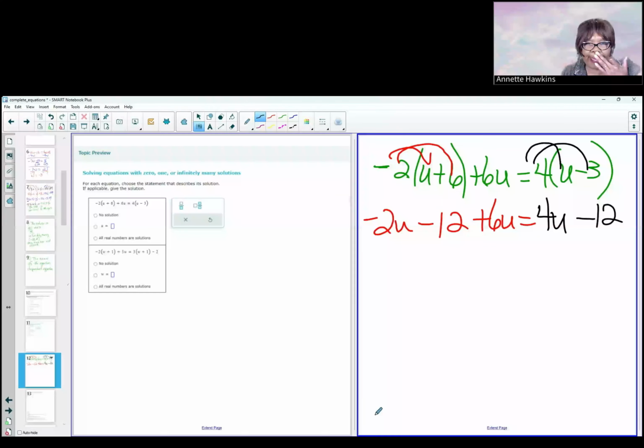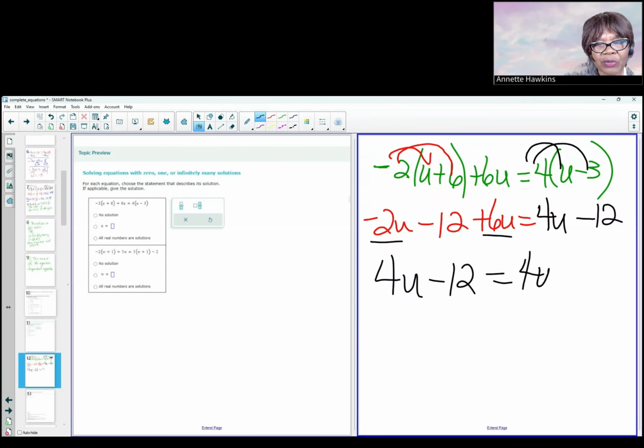Everybody okay with that? All right, so these can be combined. 4u minus 12, 4u minus 12.